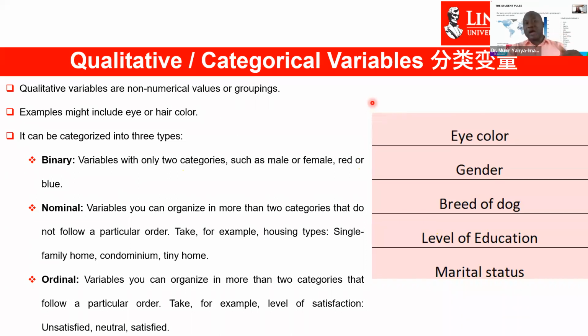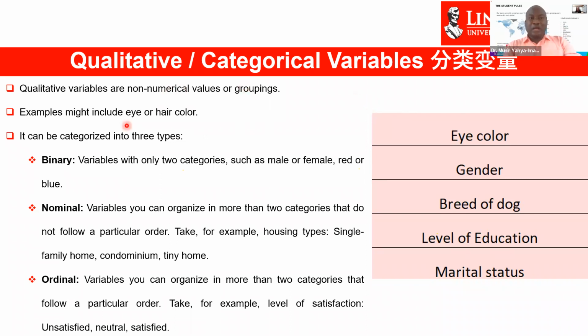In this case, you can also call a binary variable dichotomous. When we get to statistical analysis, you will see how to apply all these things. But today, you just need to have the foundational knowledge.